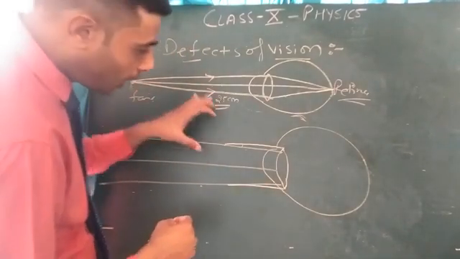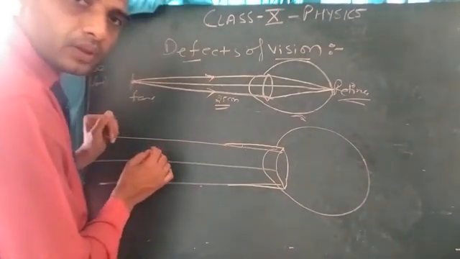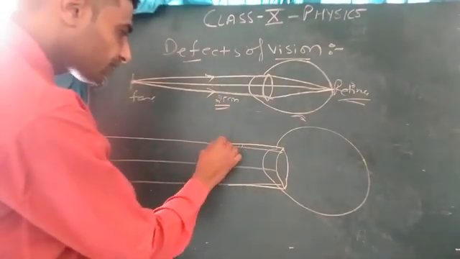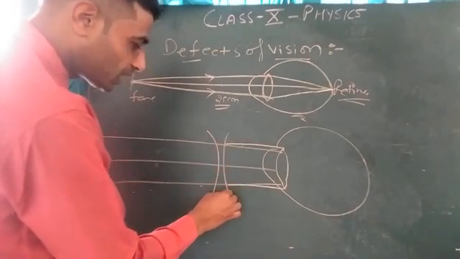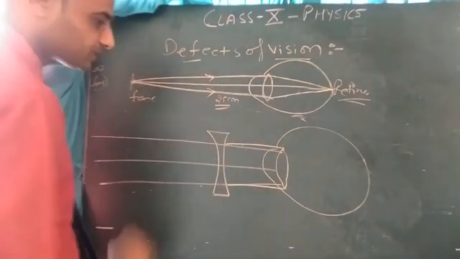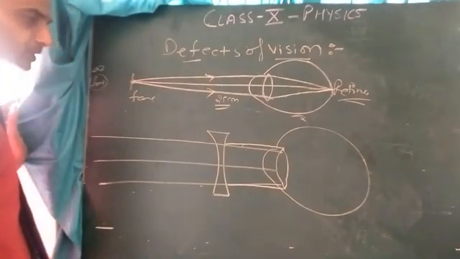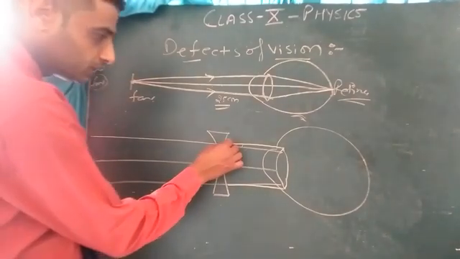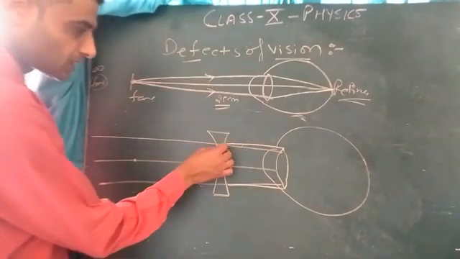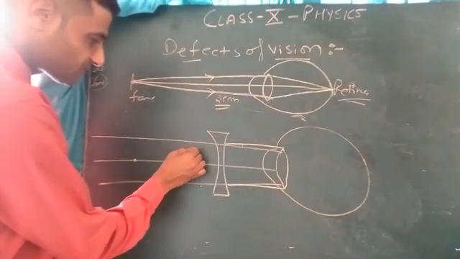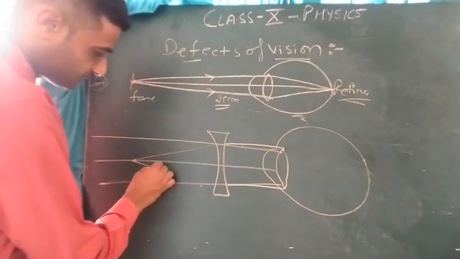So how can we diverge this ray? We can diverge this ray by using a concave lens. By using this concave lens, we can focus this ray at the far point.